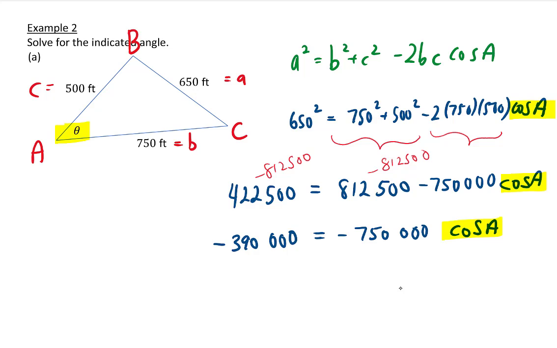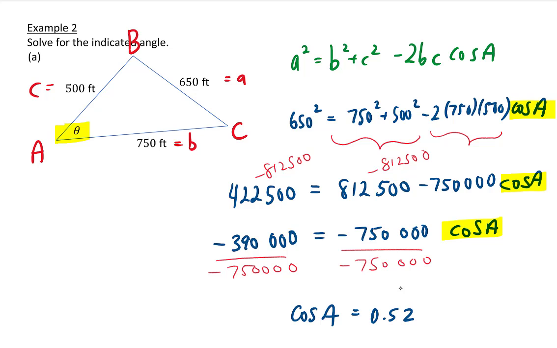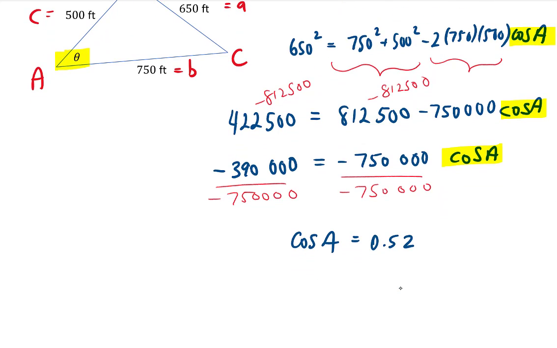So since we have negative 750,000 times cosine A, I'm going to divide out these 750,000 on both sides. And notice it's negative, so divide by a negative. And since we have a negative divided by a negative, we should end up with a positive cosine ratio. So we'll get cosine A is equal to 0.52. Exactly, 0.52.